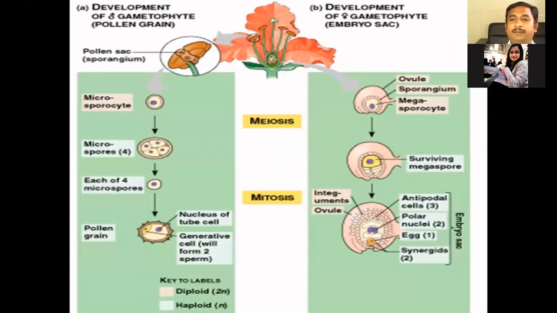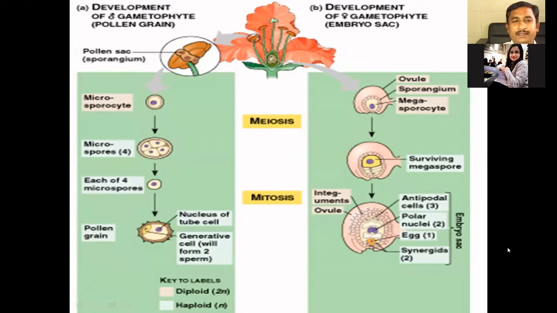Coming to something important, these gametophytes and sporophytes have been depicted in pictorial form in the development of, for example, the pollen grain, or the male gametophyte.